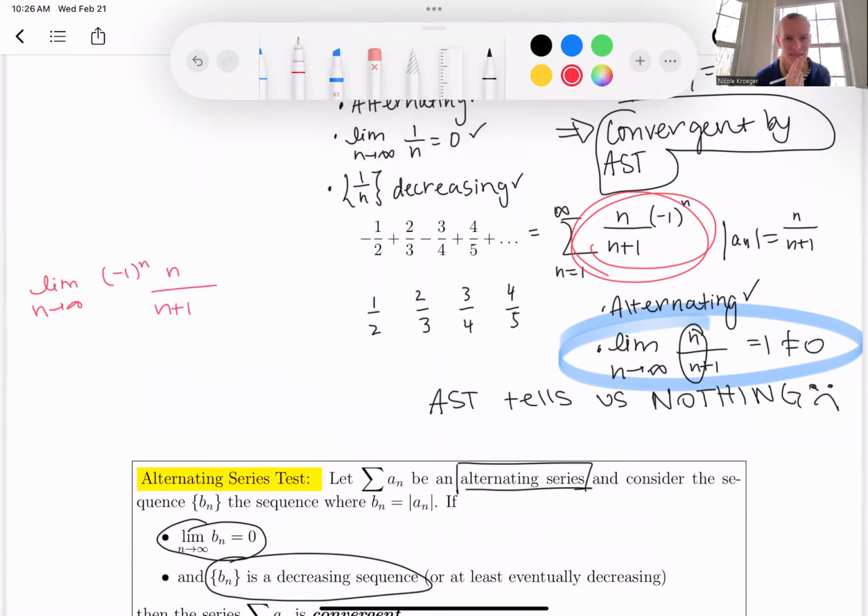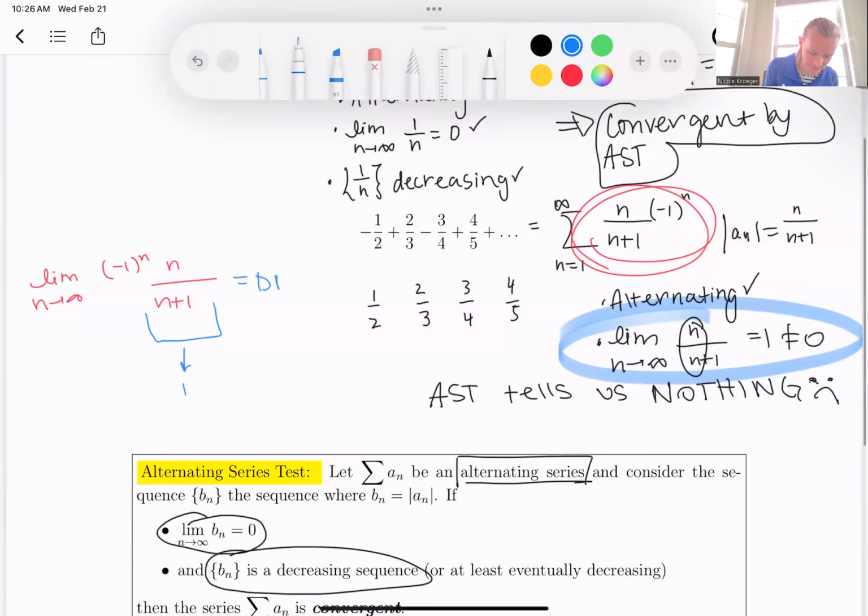Let's think about what this does. We know that n over n plus 1 approaches 1. And what that (-1)^n does is tell us that some of these terms are going to approach +1 and some of the terms are going to approach -1. So towards infinity, part of our series is going towards 1, part of it going towards -1, which tells us that this limit does not exist.